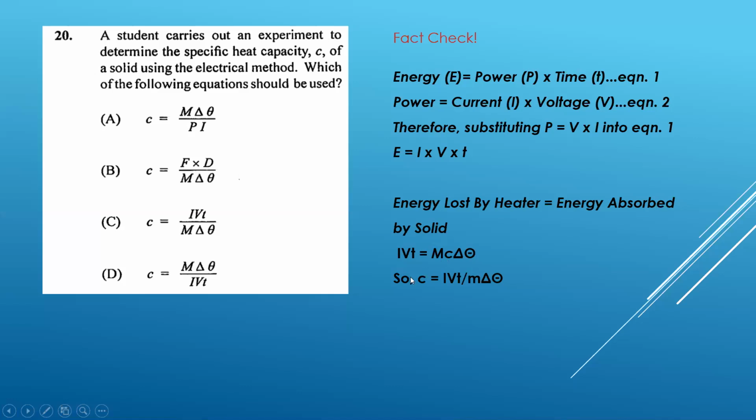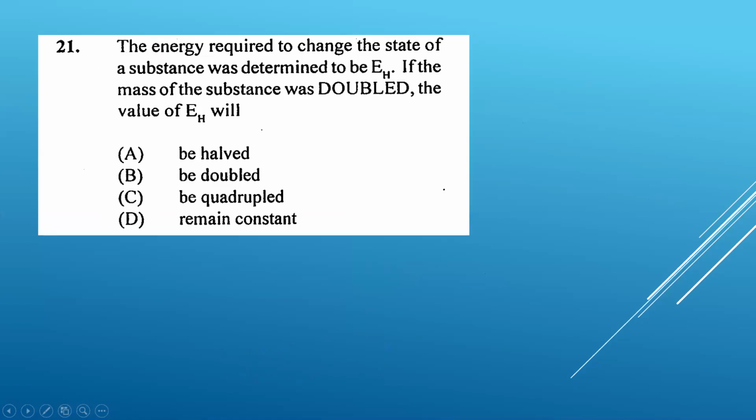All right, C is the specific heat capacity, IVT is the energy, and M delta theta is mass times the temperature change. So the equation that matches here is C, IVT divided by M delta theta. So your answer should be C.